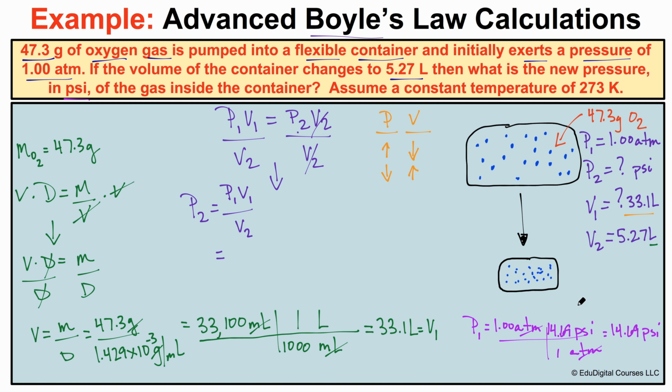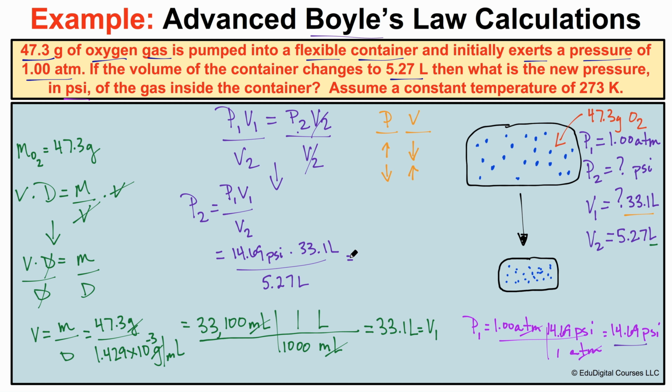Well, P1 we just figured out is right here, 14.69 psi. What is V1? If we take a look, V1, the initial volume of that container, is 33.1 liters. And what is V2? It tells us that V2 is 5.27 liters.